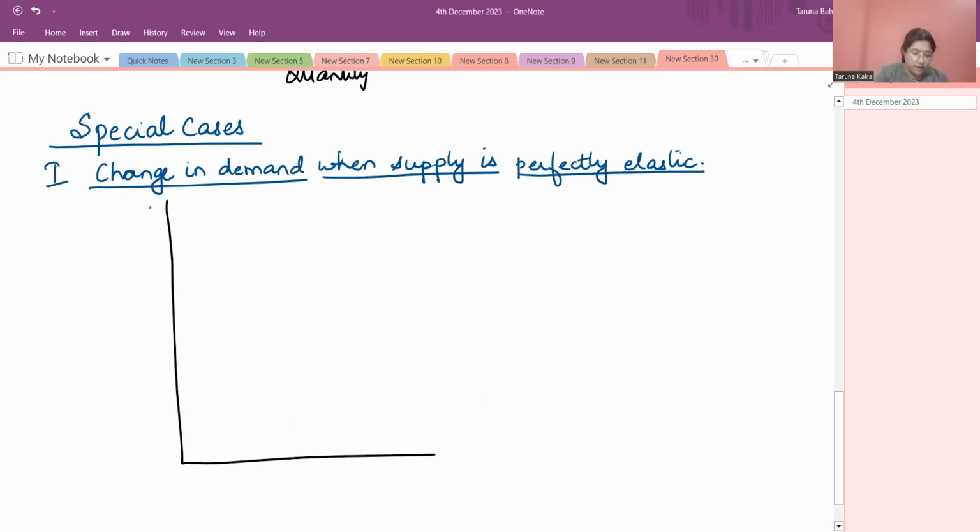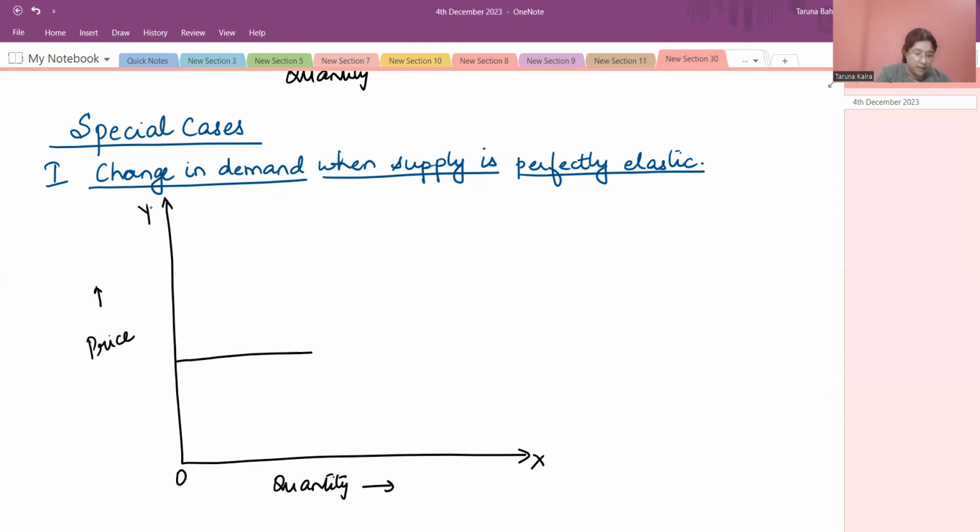Again, this is my x-axis, this is my y-axis, and O is the origin. On the y-axis we are going to show the price, and on the x-axis we are going to show the quantity. Now, when the supply is perfectly elastic, what does that mean?